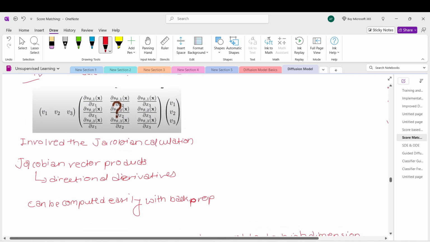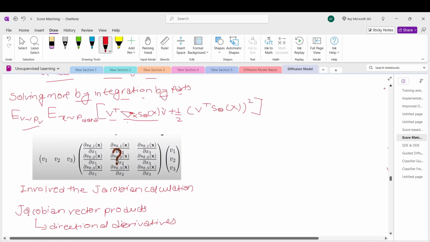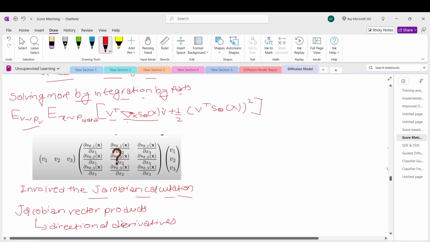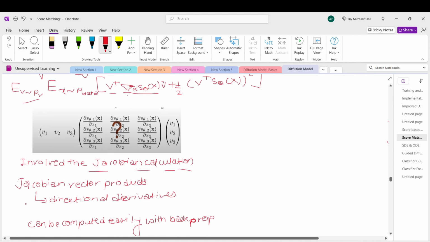And this also involves Jacobian calculations. Our objective is this, and this involves Jacobian calculation again, but this is a vector Jacobian. So our objective becomes the Jacobian vector product, which is called a directional derivative.